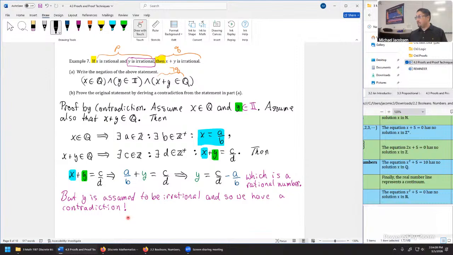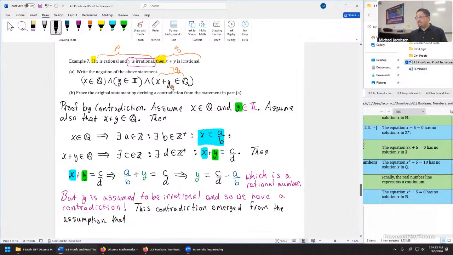How did we get the contradiction? Well, it happened the moment that we said X plus Y is a rational number. That was the whole cause of our contradiction. This contradiction emerged from the assumption that, maybe it's better to just take a step backwards. It absolutely emerged from that statement there, but it was also just because we negated this statement.